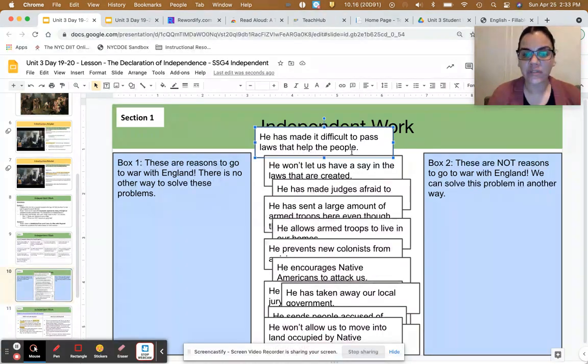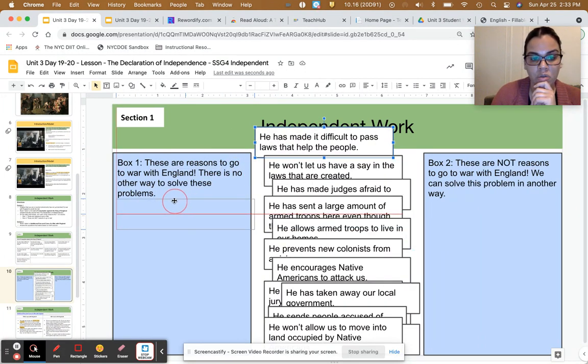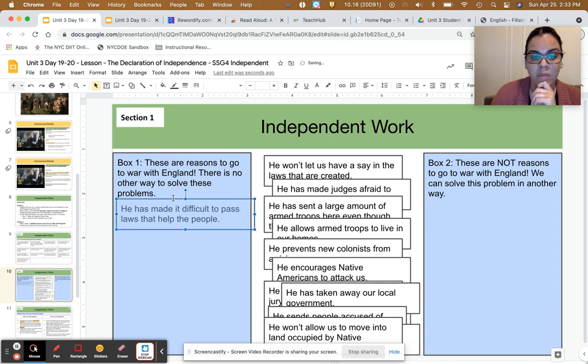He has made it difficult to pass laws that help the people. Let's see. Why would this be? I'm thinking this would be a good reason to go to war with England because the king makes the laws all by himself.